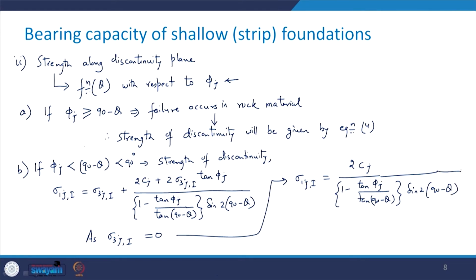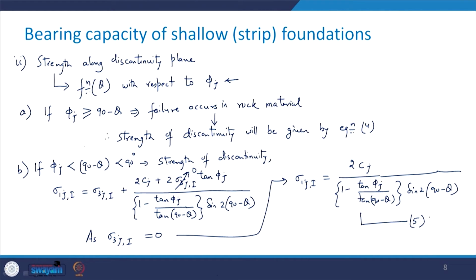This is how we are going to get it, because this term will become equal to 0. So I will mark this equation as equation number 5. Now this is what was there in zone 1.